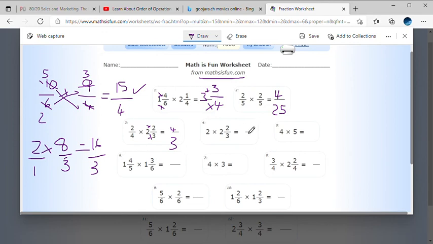You can leave your answer as 16 over 3, or you could reduce it into a mixed fraction, but I'll just leave it as 16 over 3. For number 5, both are whole numbers, so we just multiply 4 times 5, which is 20.